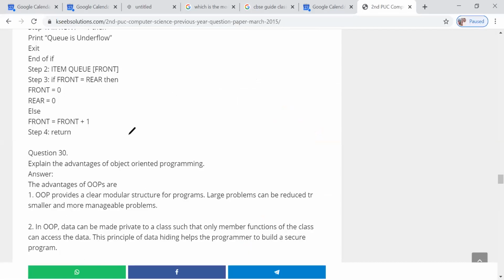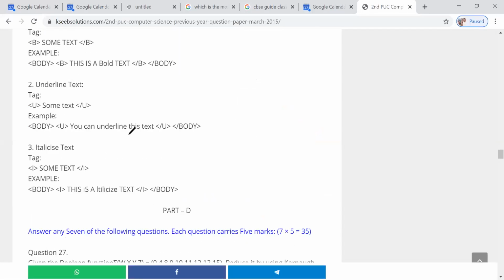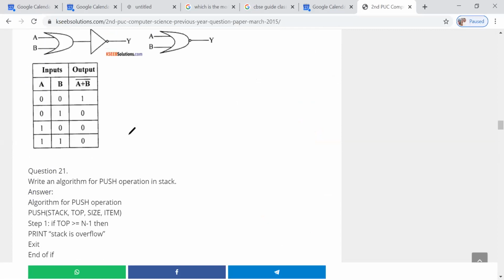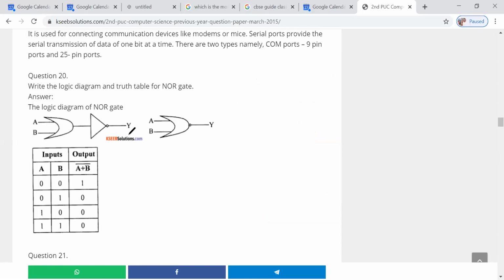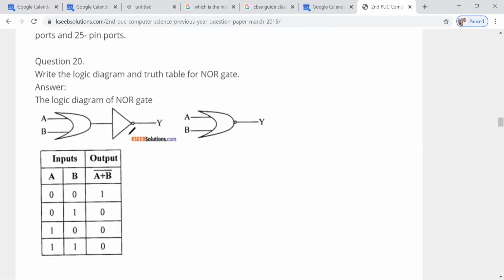Fine. Then again come to our OOPS concept. This was just the logic gates. Sometimes they may ask us in the question paper, like the one over here: write the logic table and truth table for the NOR gate.